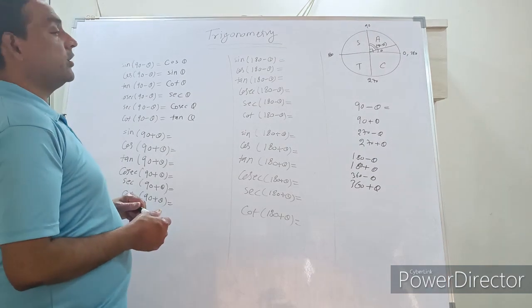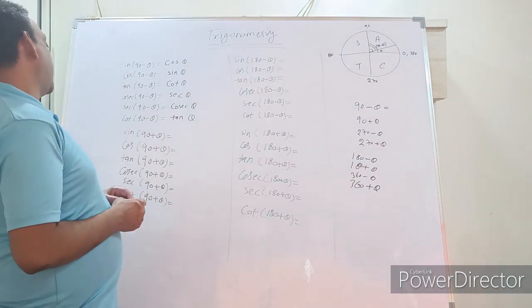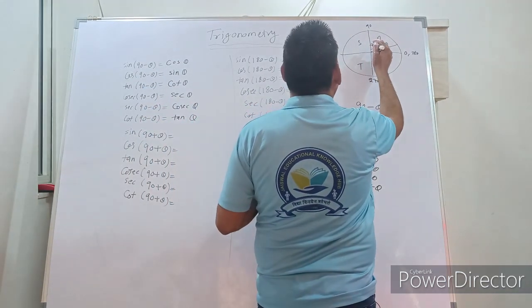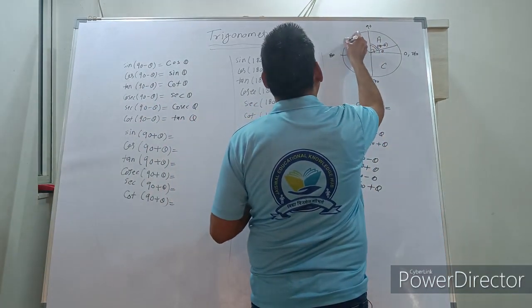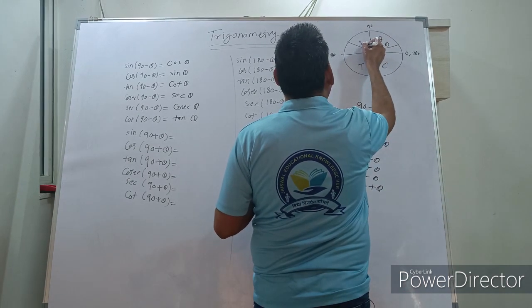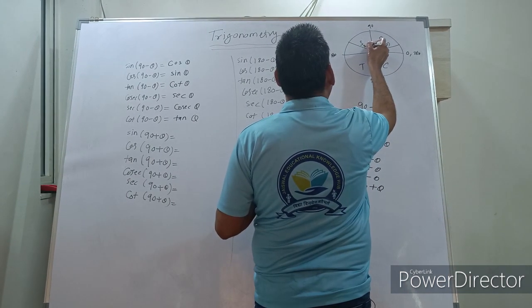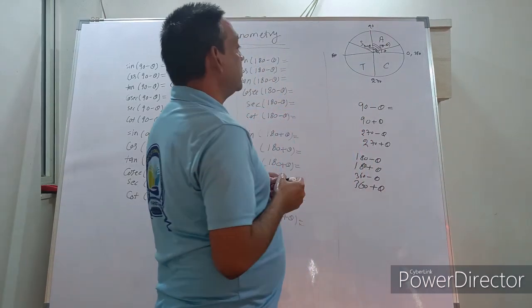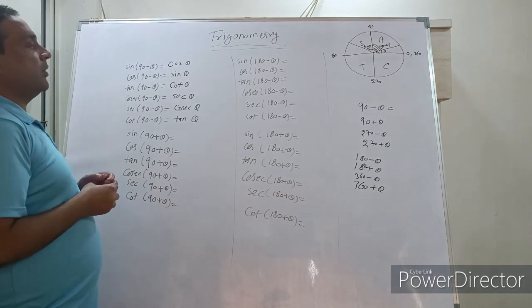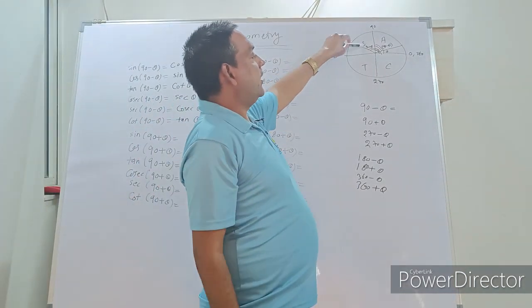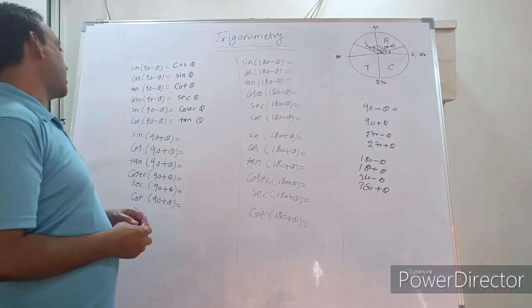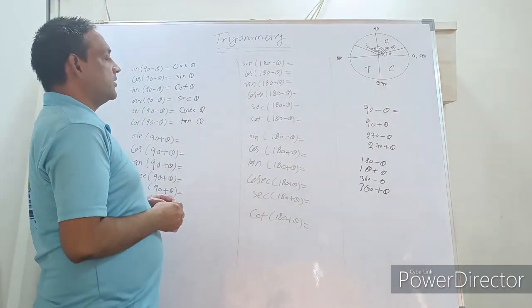Okay, the second one is 90 plus theta. This will be 90 degrees, so 90 plus theta will be on this side. Now you can see which quadrant this lies in? Second quadrant. In the second quadrant, only sine and sine's reciprocal, that is cosec, are positive, and everything else is negative.